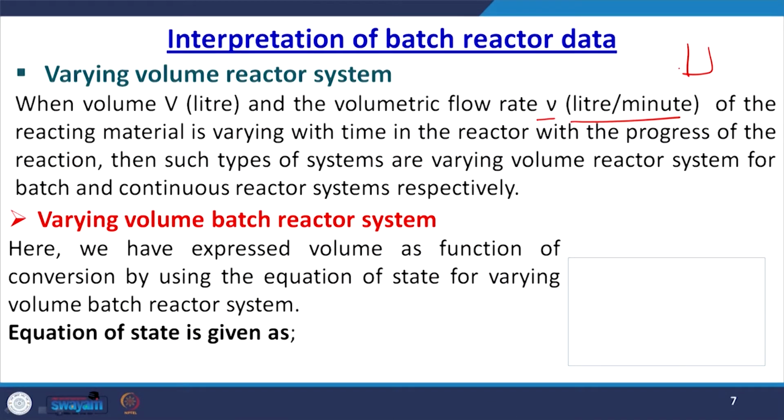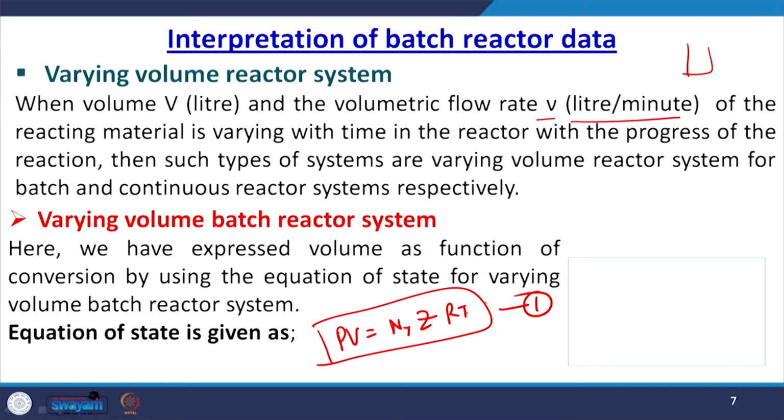So, let us take this into consideration for the batch reactor system. We express the volume as a function of conversion in the previous equation by using the equation of state for the varying volume batch reactor system. The equation of state which attracts our focus is PV is equal to NT Z RT, equation number 1.